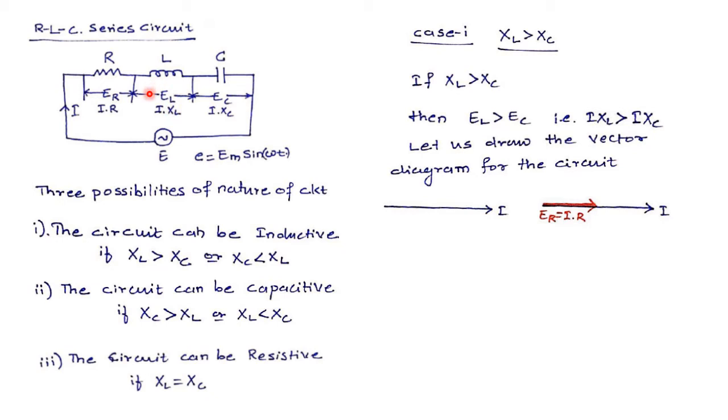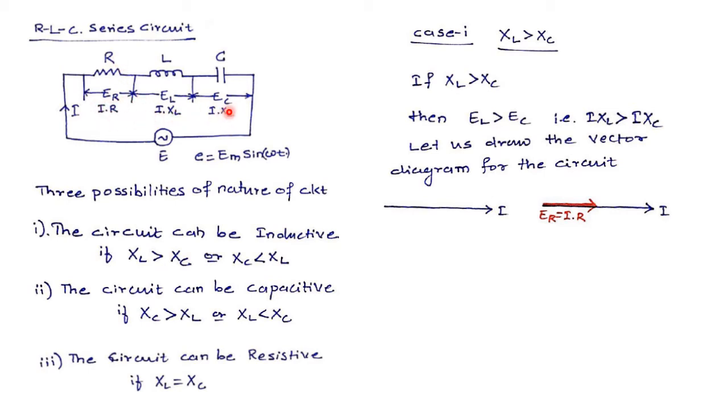Because this EL is opposing the source voltage, as per Lenz's law, I consider this EL to be a drop. Therefore I assume XL analogous to resistance R, where I can represent the voltage across L as I into XL, exactly in the same way I represent voltage across R as I into R.